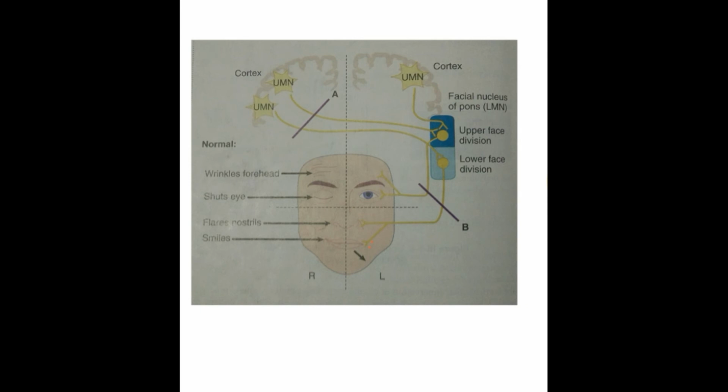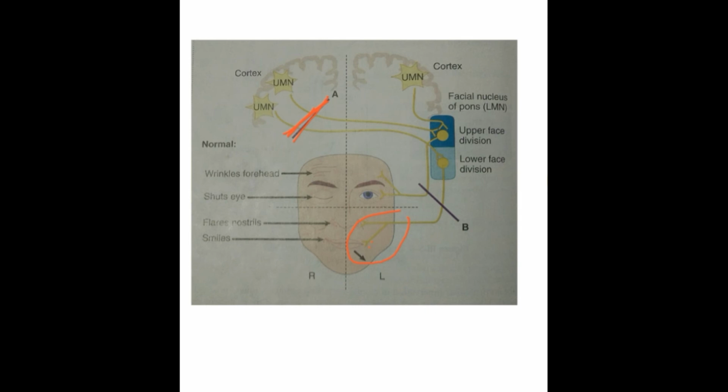But if I lesion the upper motor neurons, what will be the case? So if I lesion this A, as you can see, if I lesion up here, what will be the signs and symptoms? There will be paralysis of this part of face because it is receiving innervation from this part.